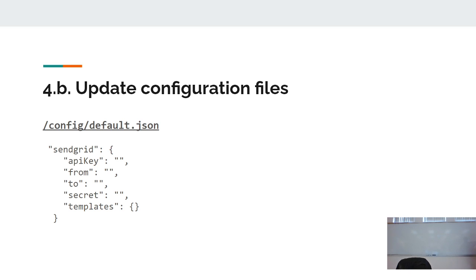The to is also intentionally blank. I'll show you in the actual code what I'm using the to for. In production, you want the email to go to your actual user, but in development you generally don't want that; you want it to come back to yourself.